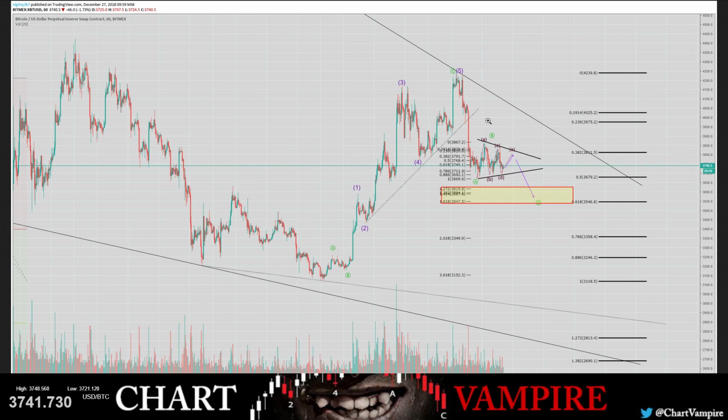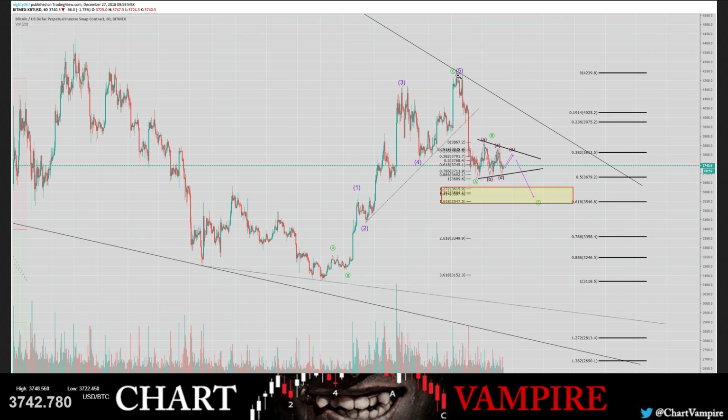So right here you have this label as a bull count because you wouldn't label this as an ABC. You need to denote this bull count. And then you need to have a second one that's your bear count, that this is the end of wave 5. And now this would be the end of your correction. And now you're doing a 1, 2, 3, 4, 5.